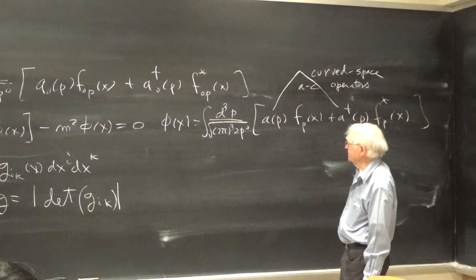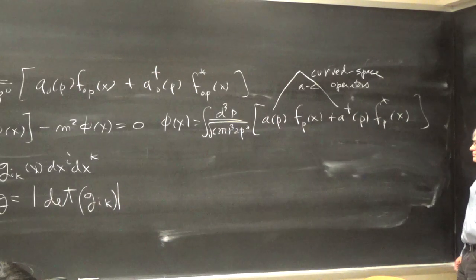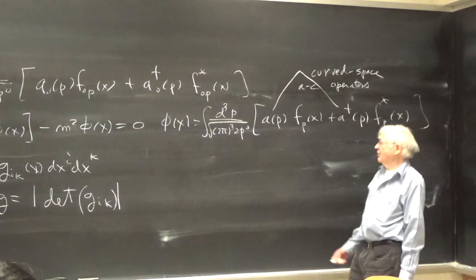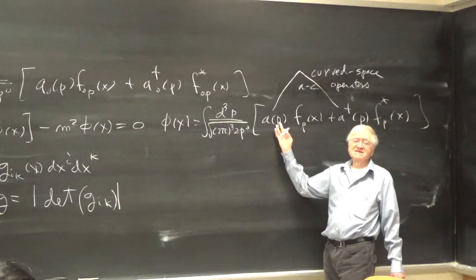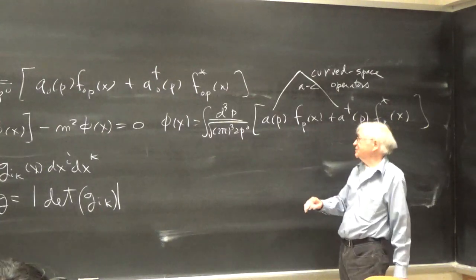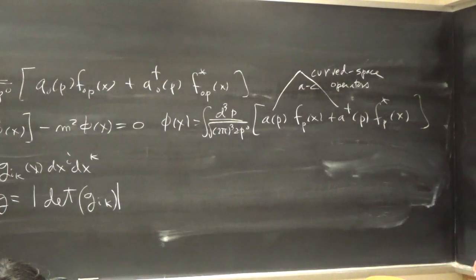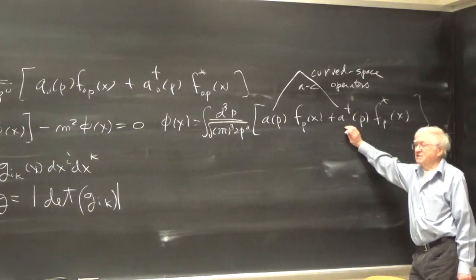I was assuming that the quantum numbers of the particles in curved space-time were essentially the same as the quantum numbers in flat space, so that we could use a 3-momentum and a 4-momentum and relate the 4-momentum to the 3-momentum. So let me give you two statements about this.